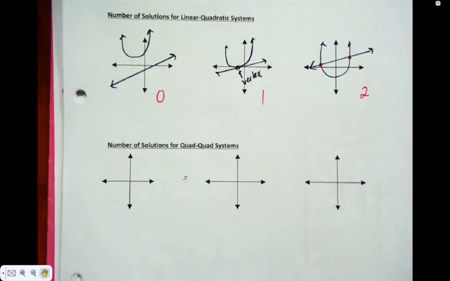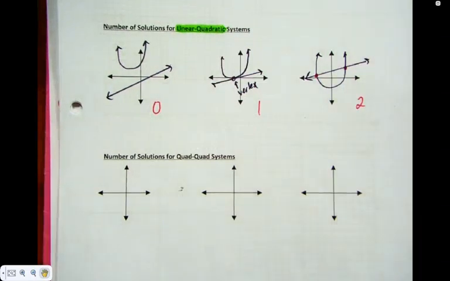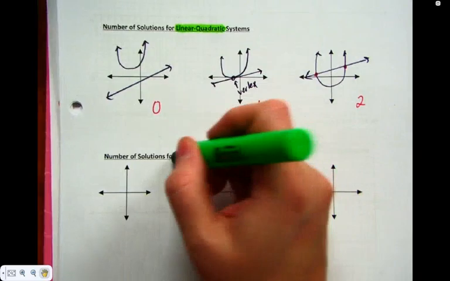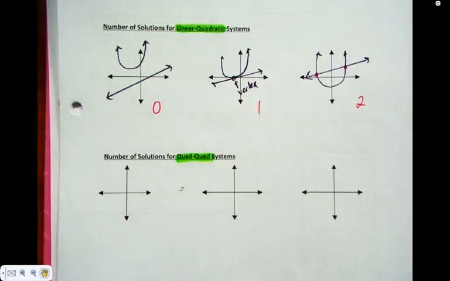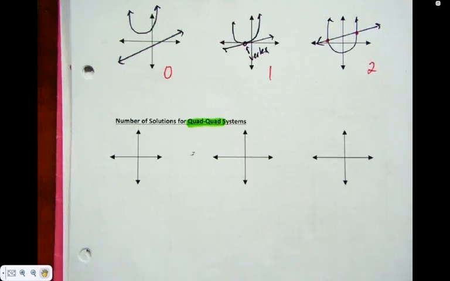Okay, what about quad quad? Let's just highlight this was linear quadratic, which means one line, one parabola. What does a quad quad system mean? 2 parabolas. So what are all the different possibilities of how 2 parabolas can intersect each other? How would it be 0? What would they look like to not cross at all?